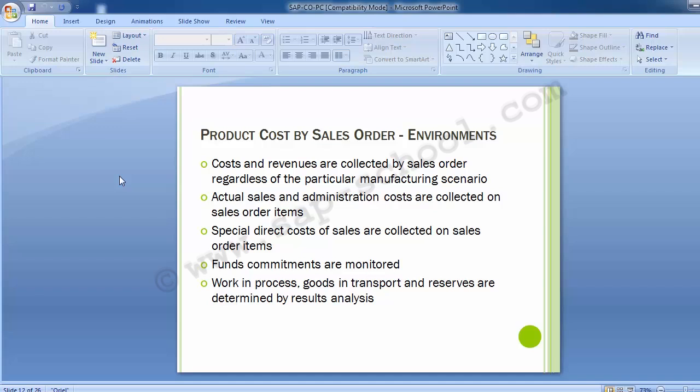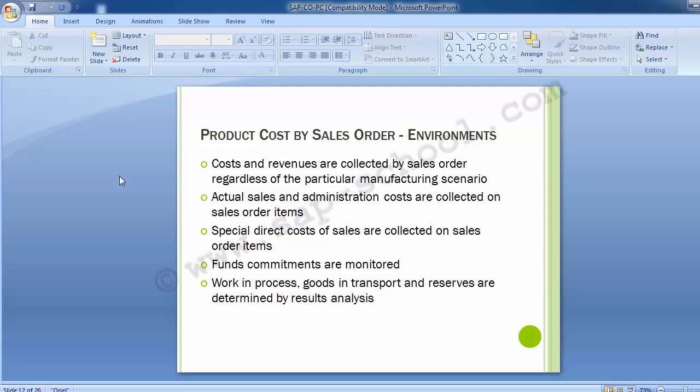There are different cases where product cost by sales order is used, like when you are producing in-house with reference to a sales order in a complex make to order environment. Another case is when you purchase merchandise with reference to a sales order and resell the merchandise to the customer.